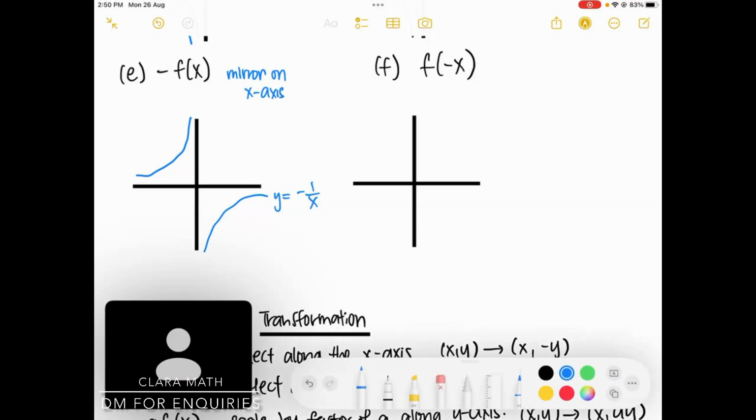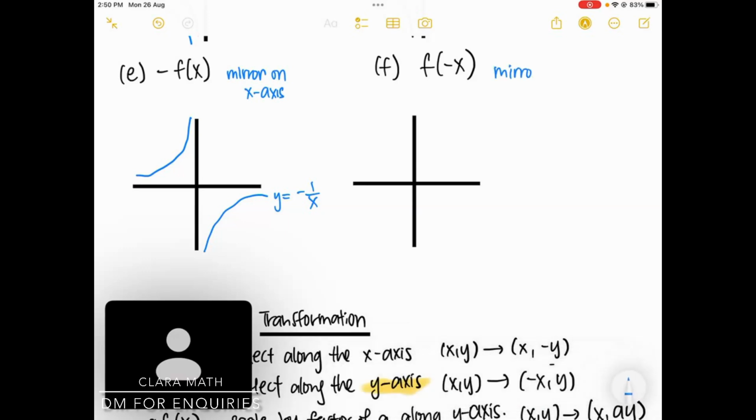So then the other one, again, this one has the negative in the bracket with x. So we would think that it affects x, but then we are not taking the x-axis as the mirror. We take y. So mirror on the y-axis.